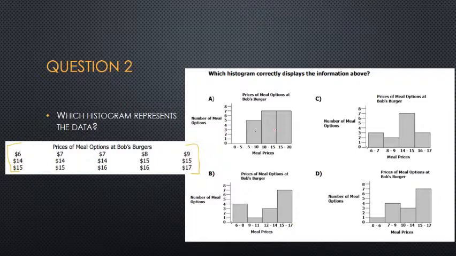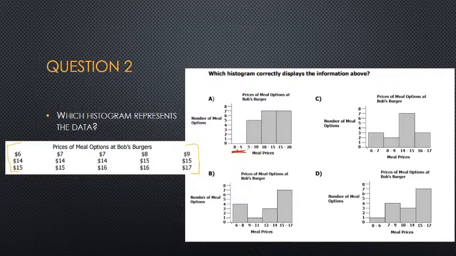All right, so if we look at this first one, A, I'm just going to use process of elimination here. From 0 to 5, it's saying we have no meal options. If I go through this list, you can see we don't have any from 0 to 5, so that would be okay. But then we've got 5 to 10.